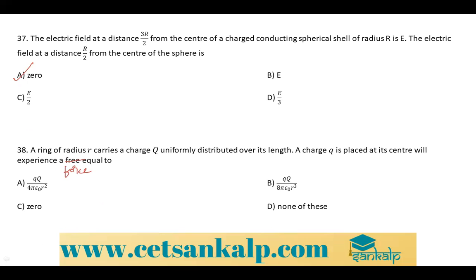So the electric field at the center of the circular charged ring is always equal to 0. The force, as you know, F is equal to Q into E. So the electric field inside it will be 0, and 0 into charge will be 0. So F will be equal to 0. Clear?